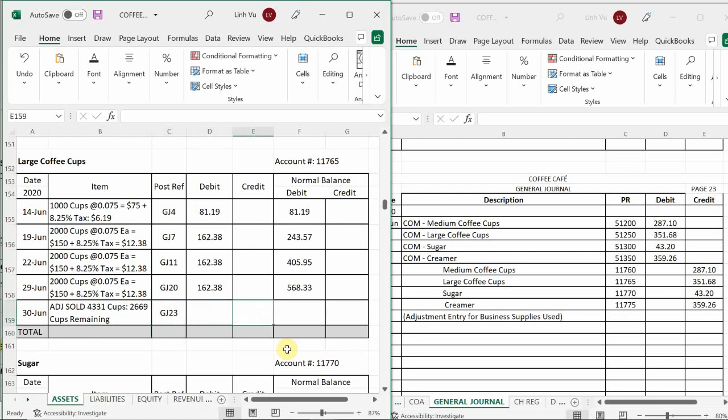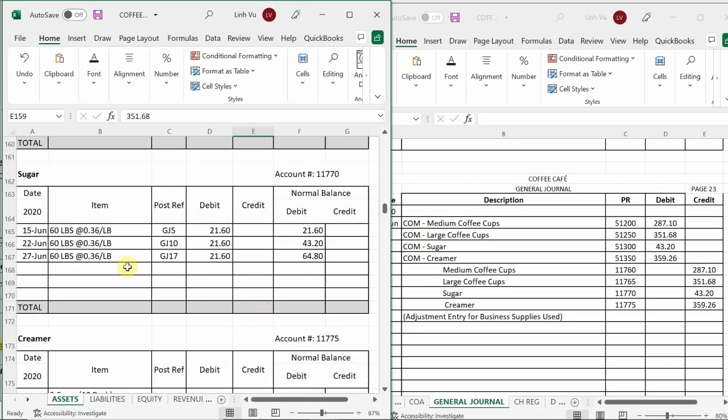And we're going to decrease our account by $351.68. And once again, that's going to decrease our account down to $216.65.